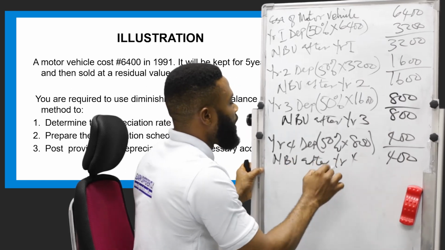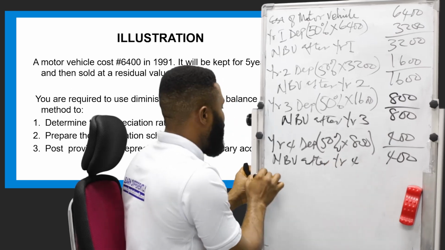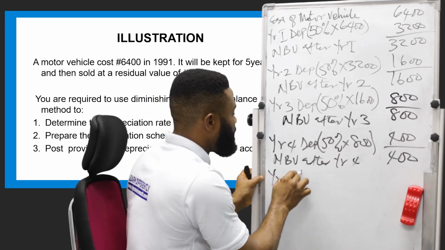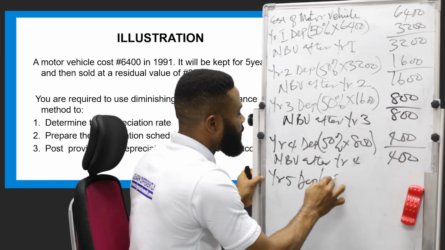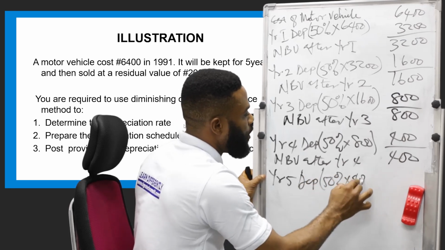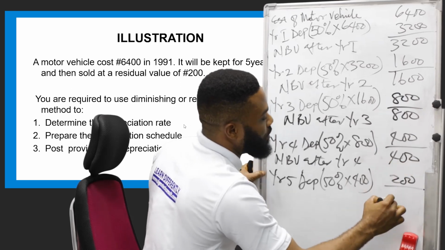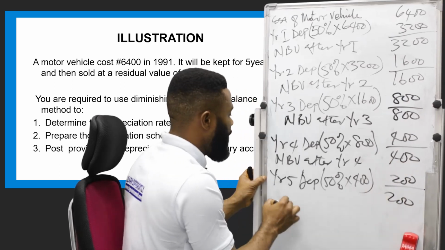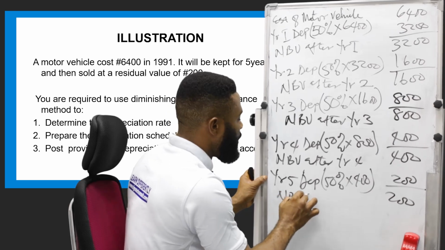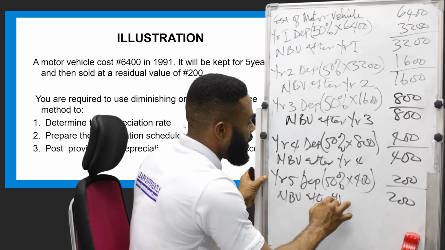After your year 4. And then your year 5, depreciation is 50% times 400. It will give you what? 200. When you subtract this from here, you have 200. And this will be your net book value after year 5.